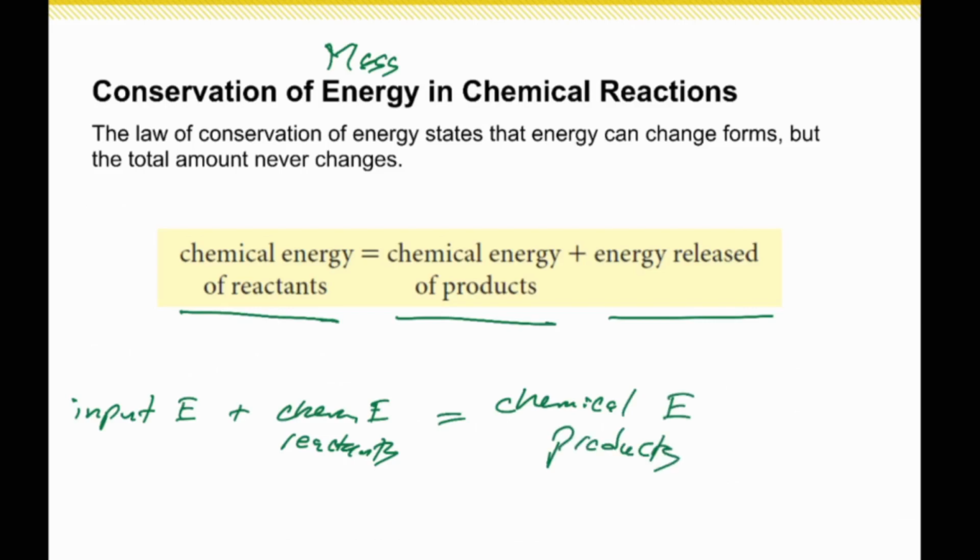Okay, so it just depends on the type of reaction that you're talking about as to what's going on with the energy. In other words, let me erase all this.